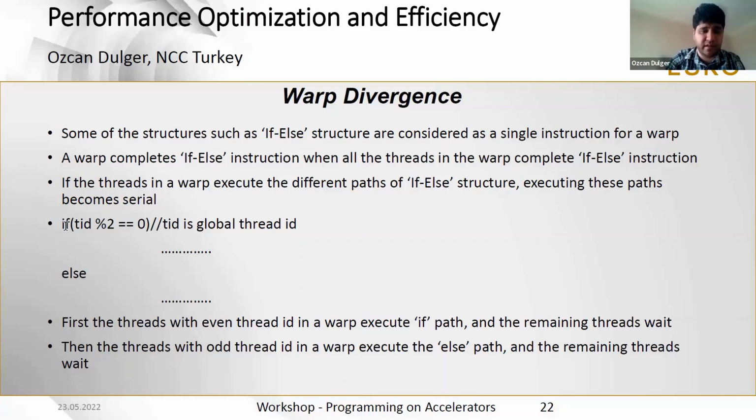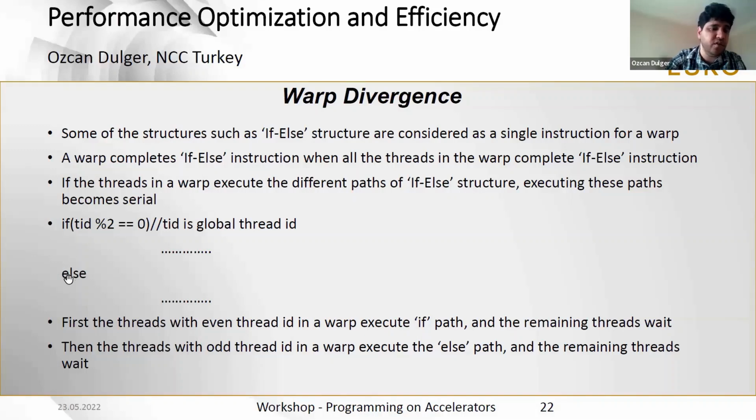Let me show you an example here. TID is the global thread ID, and we perform a modulo operation over the global thread ID. In this example, at first, the threads with even thread ID in the warp execute the if path, and the remaining threads are idle.